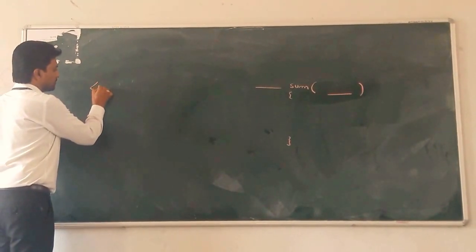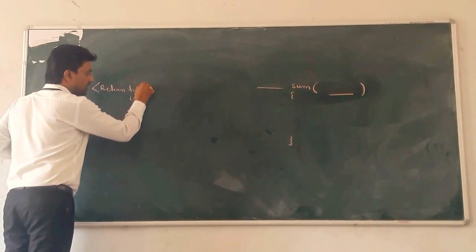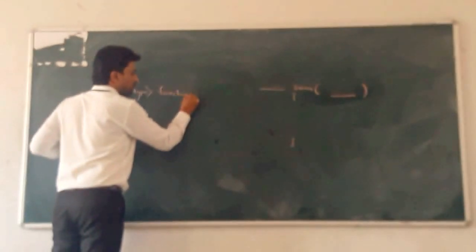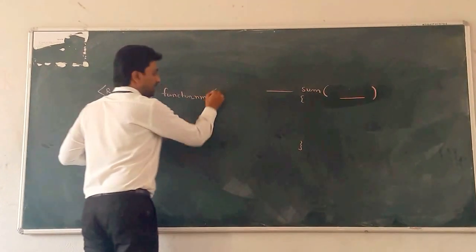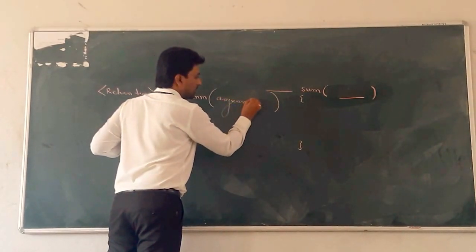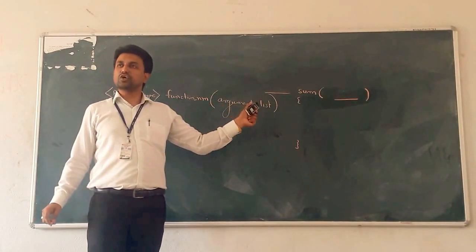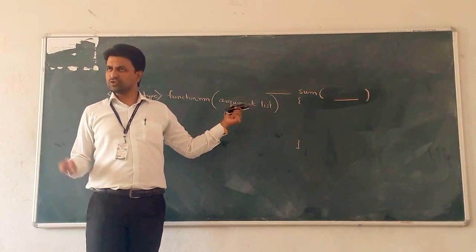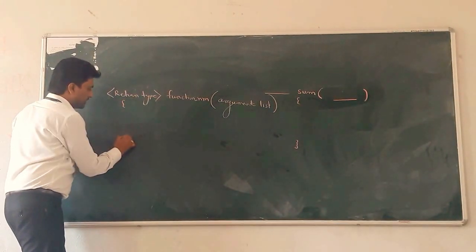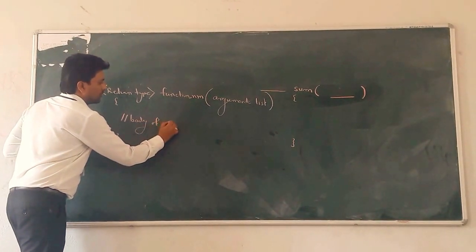First is the return type, then the name of the function, that is function name. After that, argument list, which is also called parameter list. Then curly bracket, and here the body of the function.